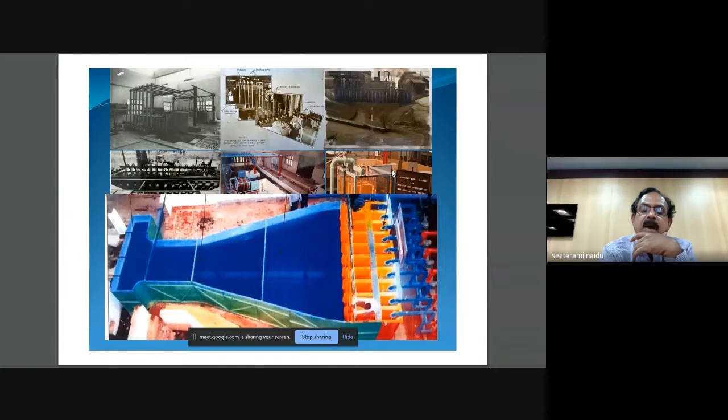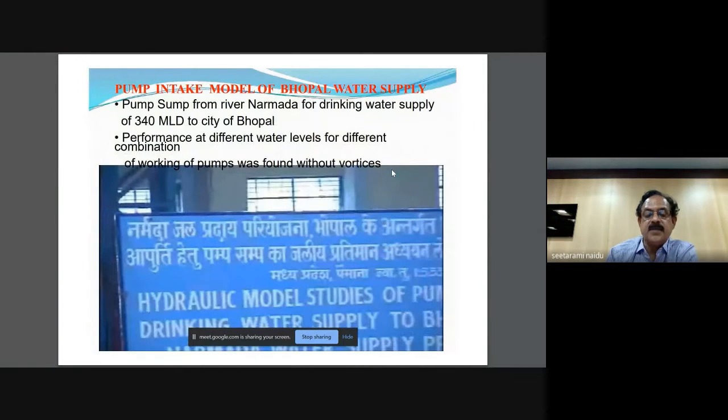These are the number of pumps. They should be located like this, and the dimensions I shall show in the next slide. So this is the performance. This is as per standard practice. If a pump sump is implemented like this, even without any model studies, we can go ahead with the implementation.